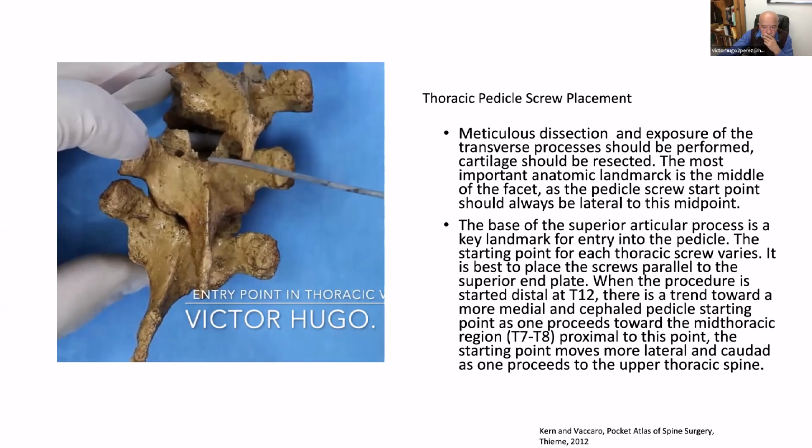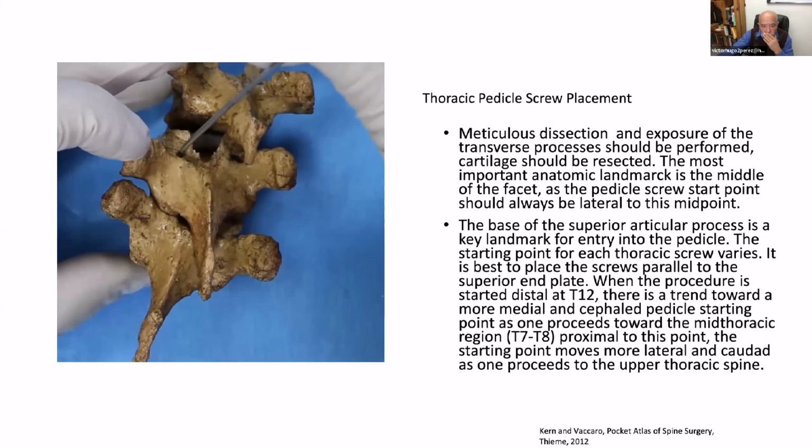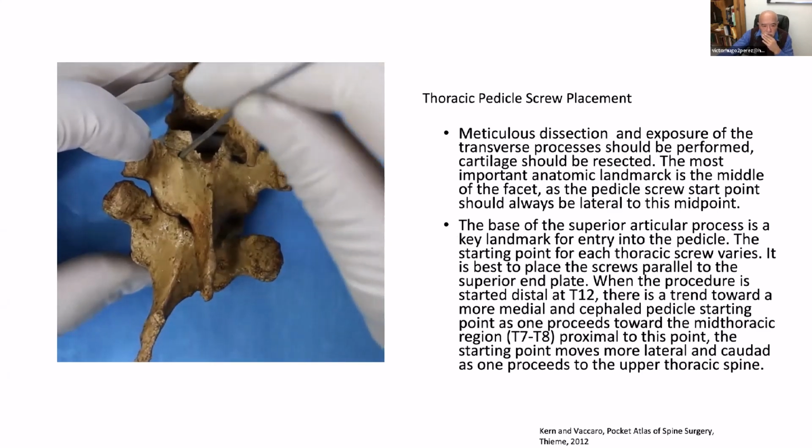As the pedicle screw start point, it should always be lateral to this midpoint. So here we have the medial of the facet, and the entry point should be a little lateral. Here it is.